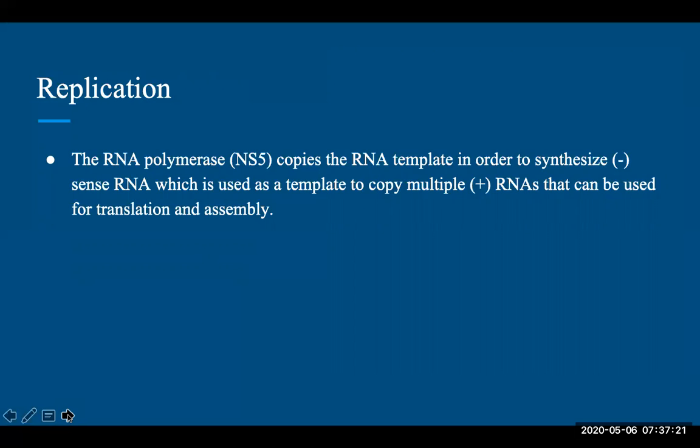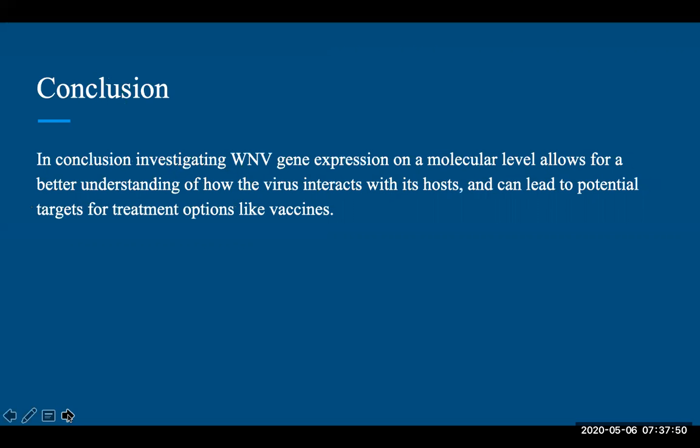And these positive RNAs are then used for translation to make proteins, or are packaged into new virions. That's pretty much the importance of the replication process, to make a lot more positive RNA in the end, to either get more viral proteins or to make enough RNA for the virions to have it.